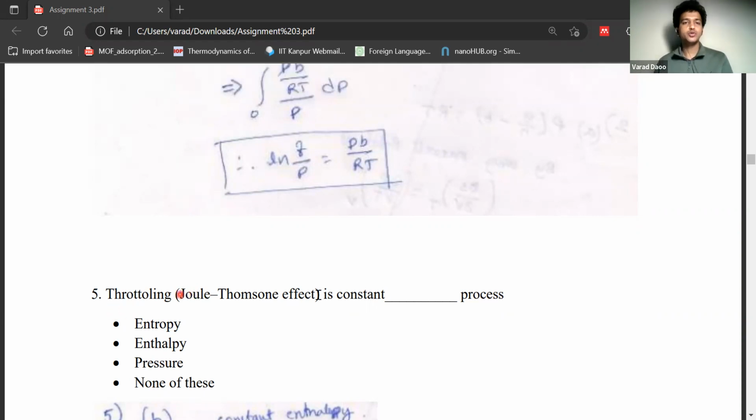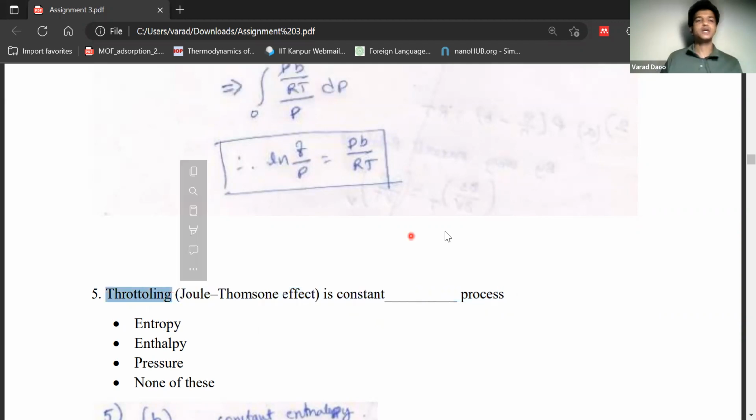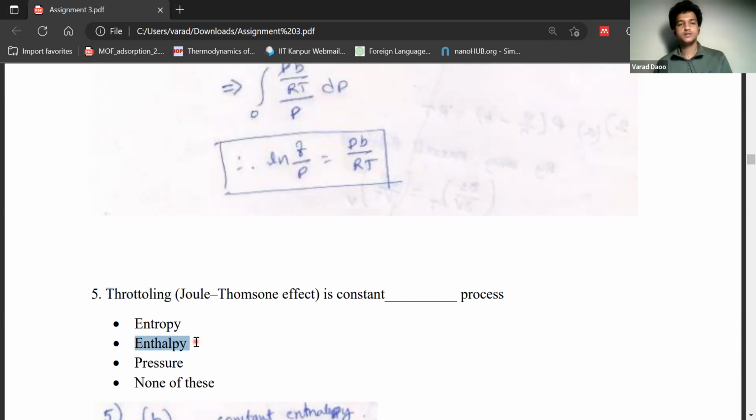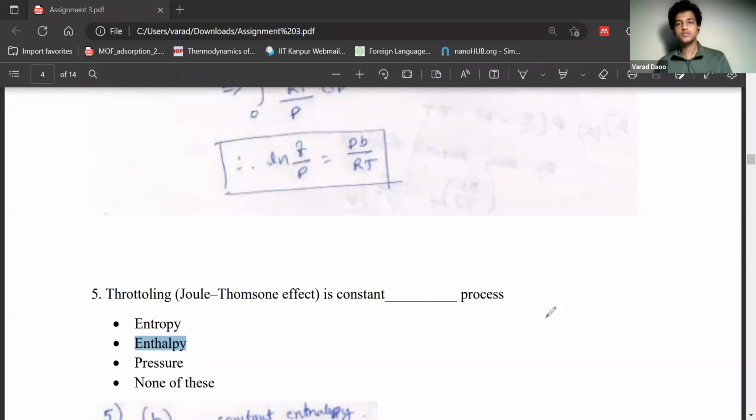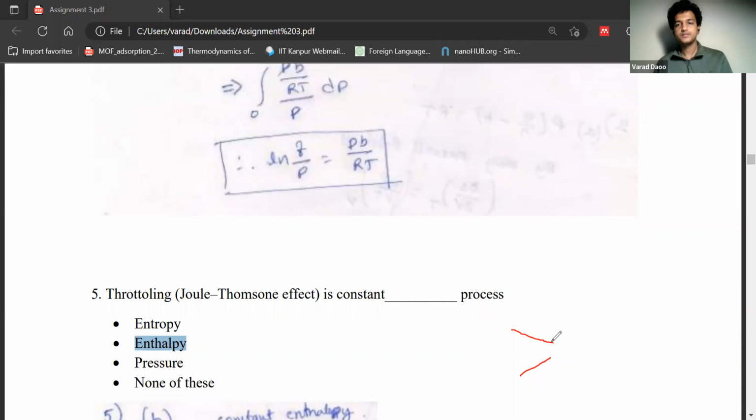So the next question is throttling, that is, the Joule Thomson process is constant what? Remember, in the first or second question I already mentioned what throttling is. Throttling is an irreversible process which has constant enthalpy, right? H1 is going to remain the same. Let's say for example we have a valve like this. Here the total enthalpy of the mixture is H1, and this is after throttling.